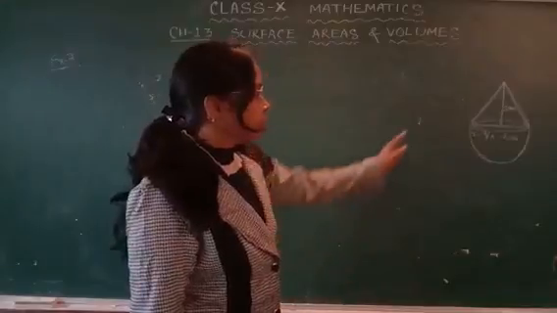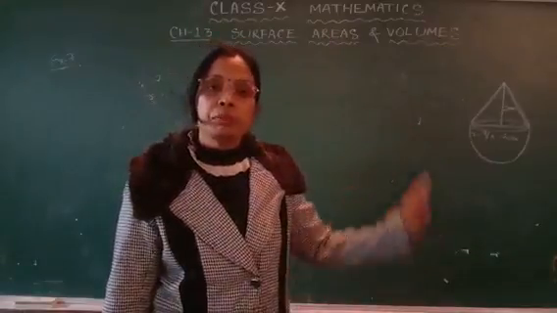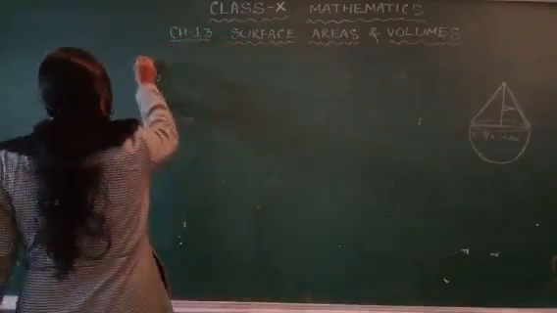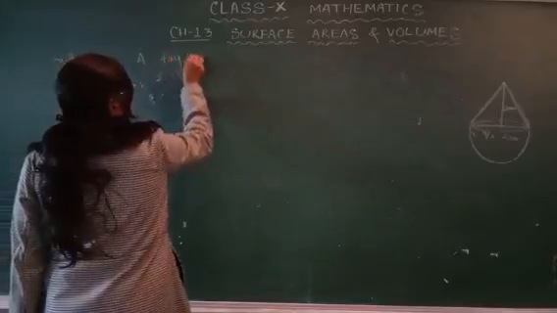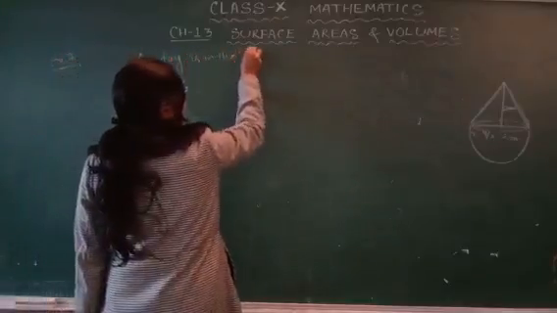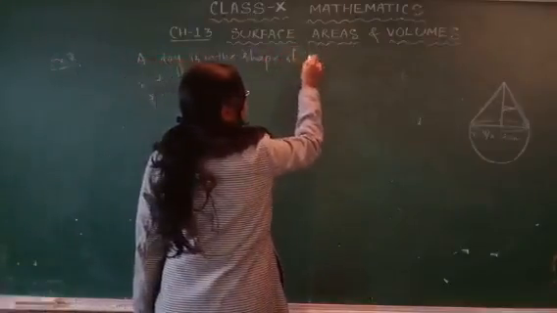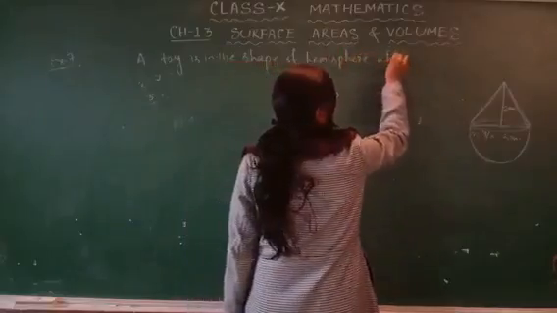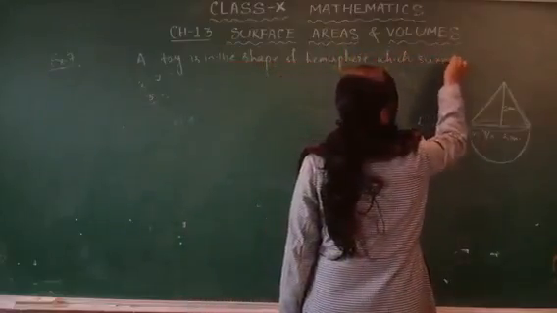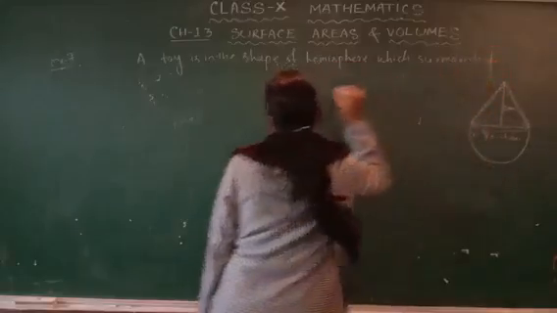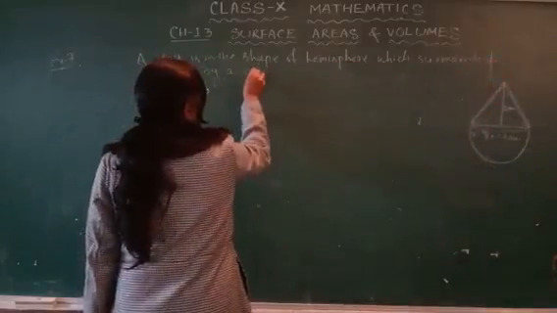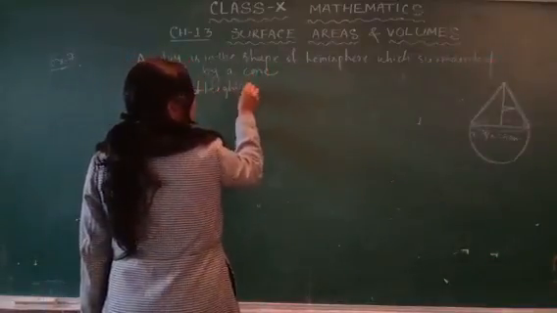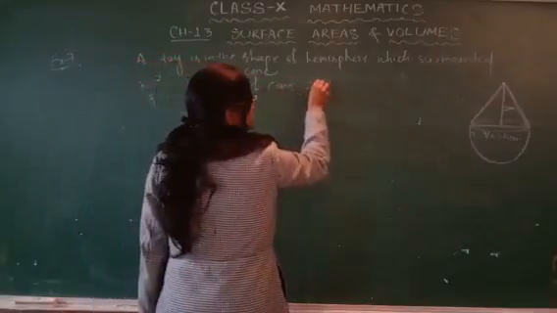So first here you see a toy is in the shape of a hemisphere which is surmounted by a right circular cone. So here you write: a toy is in the shape of a hemisphere which is surmounted by a cone, and the height of the cone is 2 centimeter.